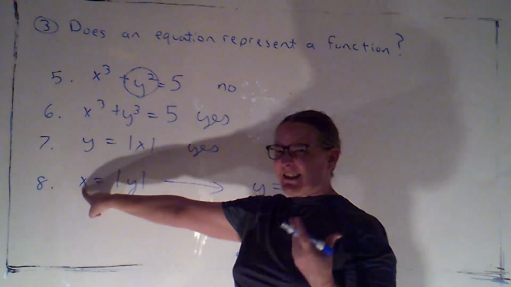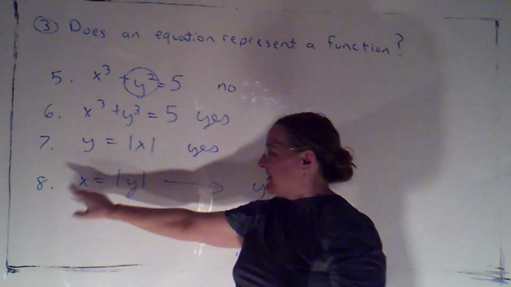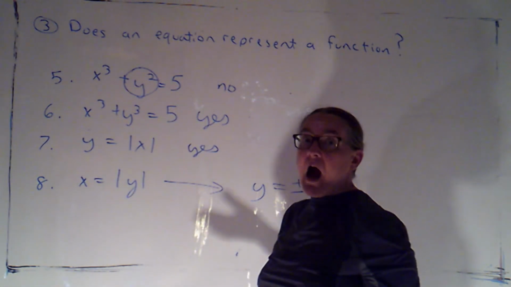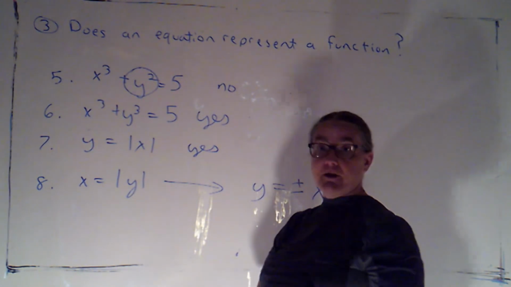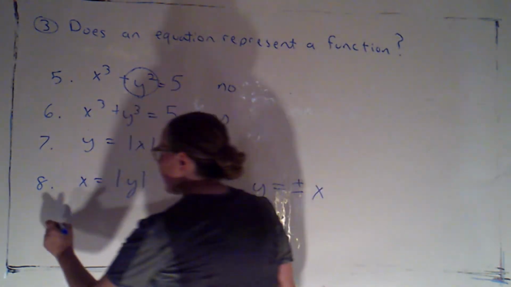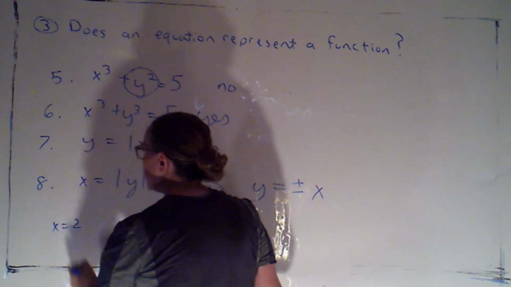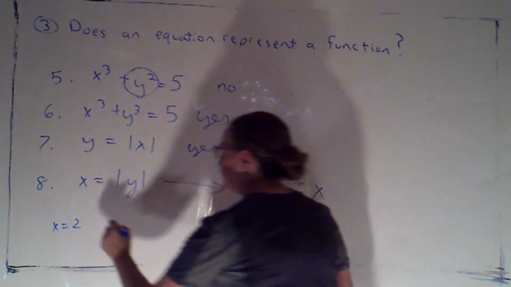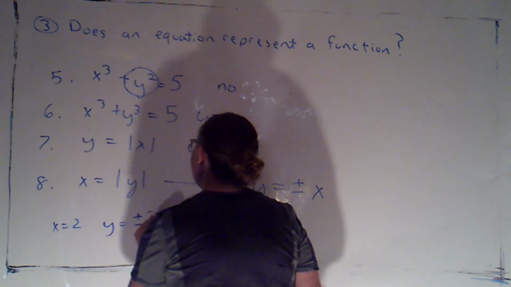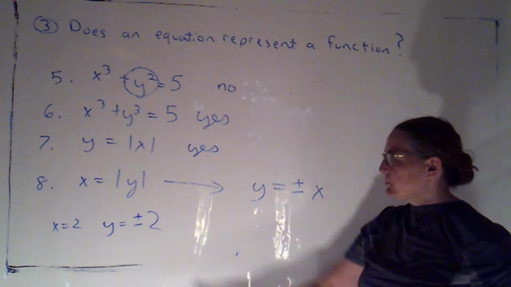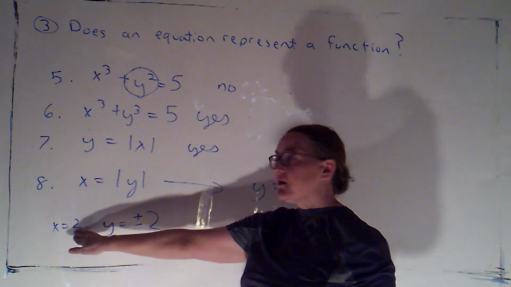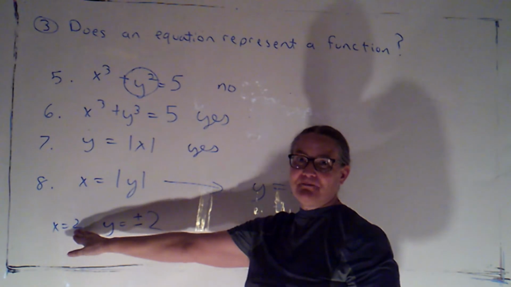If x was a negative number, there would be no value of y that would work that way because absolute value isn't negative. But let's just say x was 2. Well, 2 is the absolute value of both 2 and negative 2. So there would be two y values I would associate with that positive number. Okay.